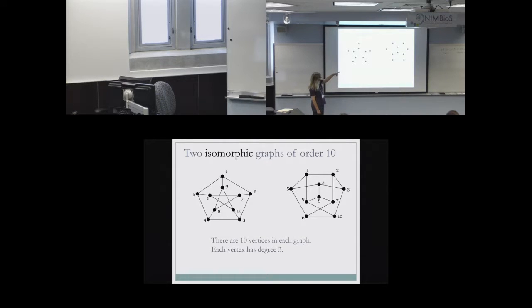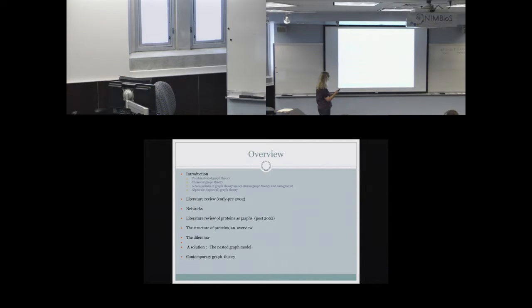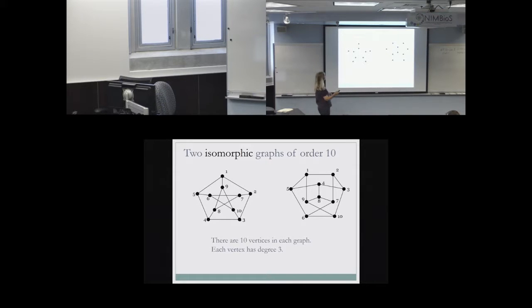So we still have Petersen's graph on the right, and the reason it's the same is if you look at each vertex, say the vertex labeled 2, it's adjacent to 1, 7, and 3. And if you look on the right, the vertex labeled 2 is again adjacent to 1, 3, and 7.